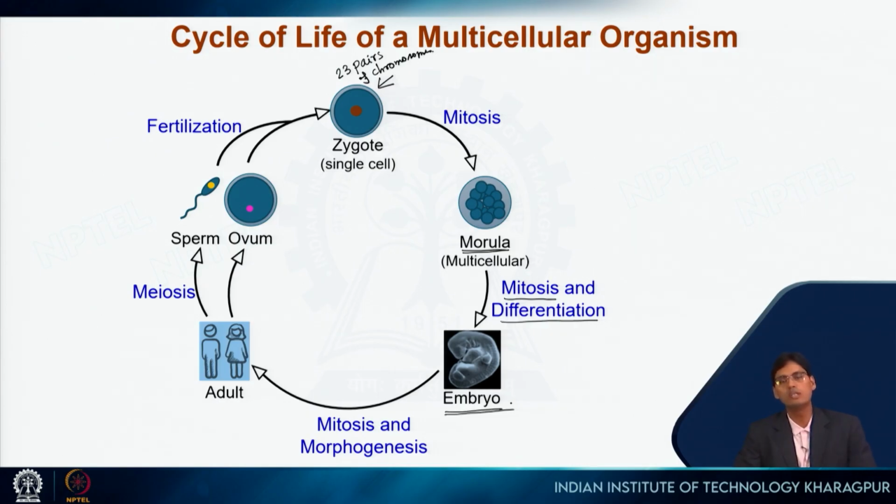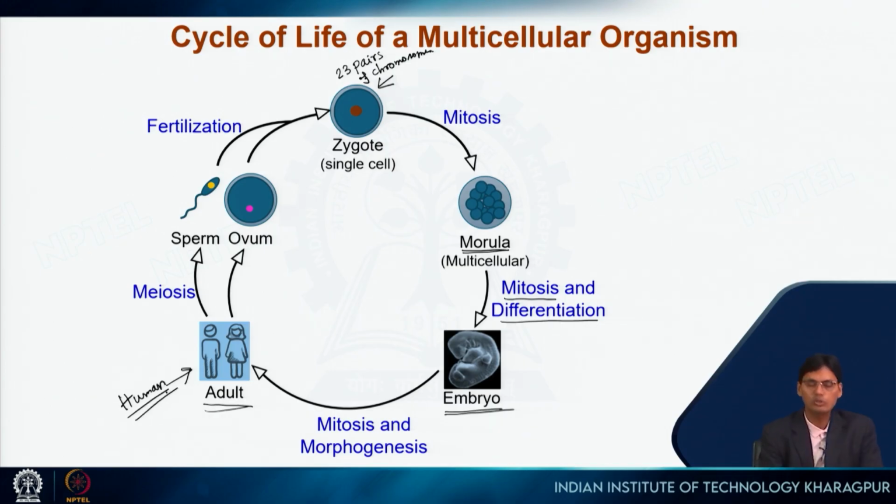As you already know, there are two major types of cell division, mitosis and meiosis. All these processes are happening because of mitosis. Now from the embryo, mitosis continues and morphogenesis continues, and finally after some time we will have an adult individual. We are just putting the example of human here.